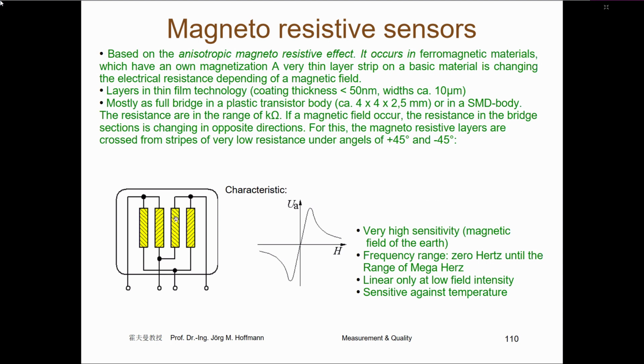That means the resistance is going high, the high resistance, when you go parallel with the electrons. And here you have the shortest way when you go in this direction.